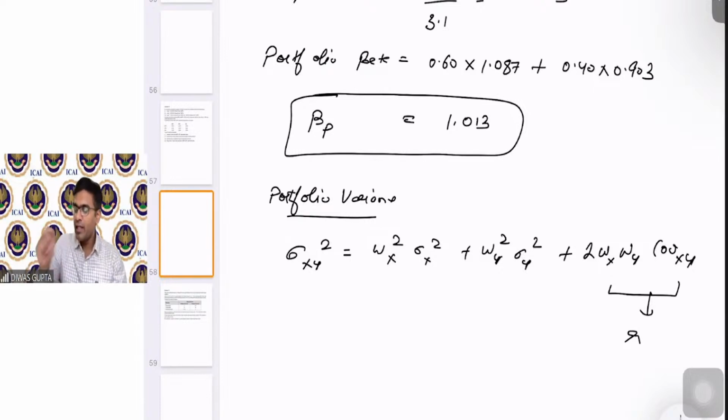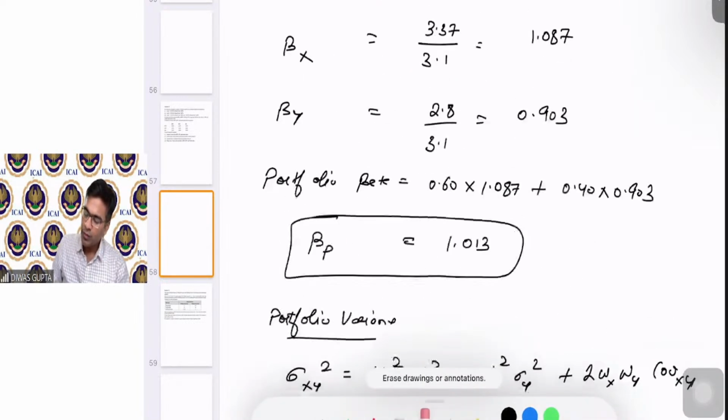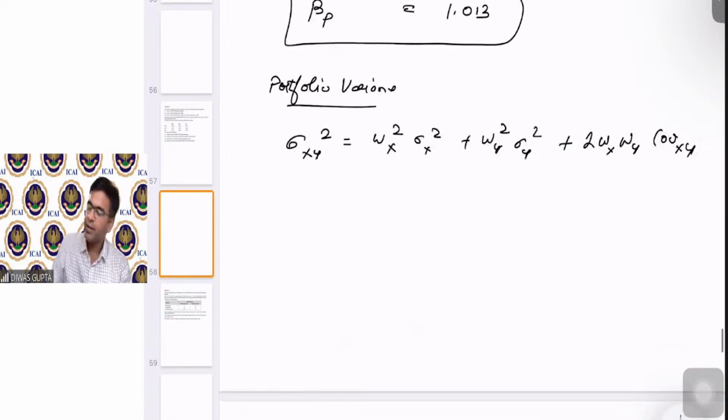Instead of that, we have replaced it with covariance X and Y. Okay, students? Both the formulas are equally perfect.